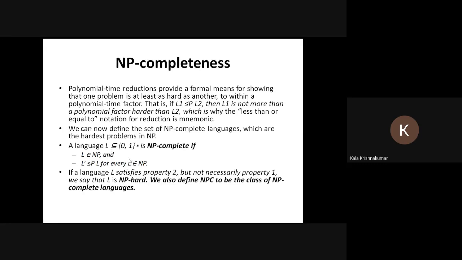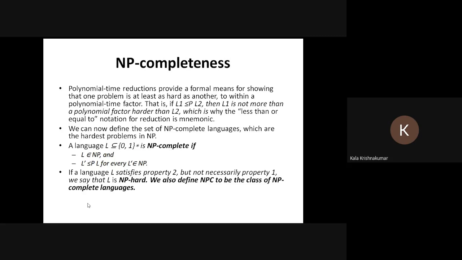So we are talking about a language L, and this language is NP complete if L is an element of NP, that is, it is a polynomial time verifiable language, and L' is polynomial time reducible to L for every L' element of NP. So when you take every language from NP, you are able to reduce that to this particular language L in polynomial time. And this kind of languages are known as NP complete languages.